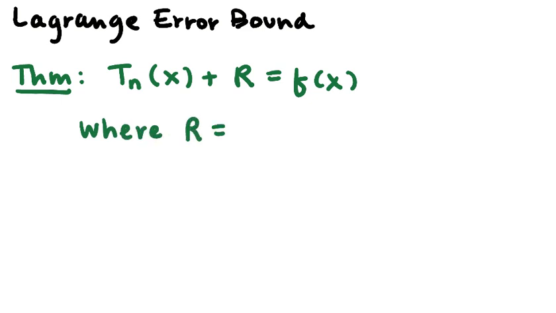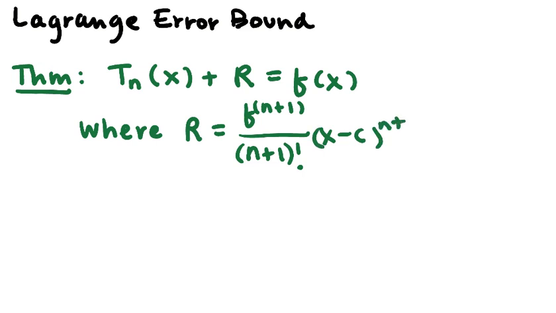R is equal to the n plus first derivative over n plus 1 factorial times x minus c to the n plus 1. And what I forgot to say was that that's the n plus first derivative at some value of x. We'll just call it z, some special x.